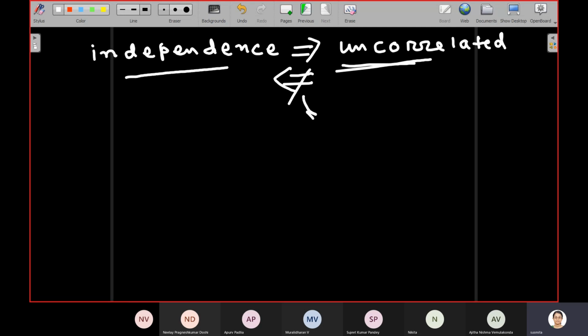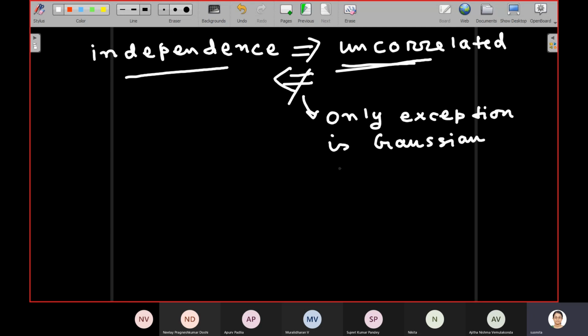The only exception for this is the Gaussian. Okay, so in case of Gaussian random variables or random vectors, uncorrelated means they are also independent.